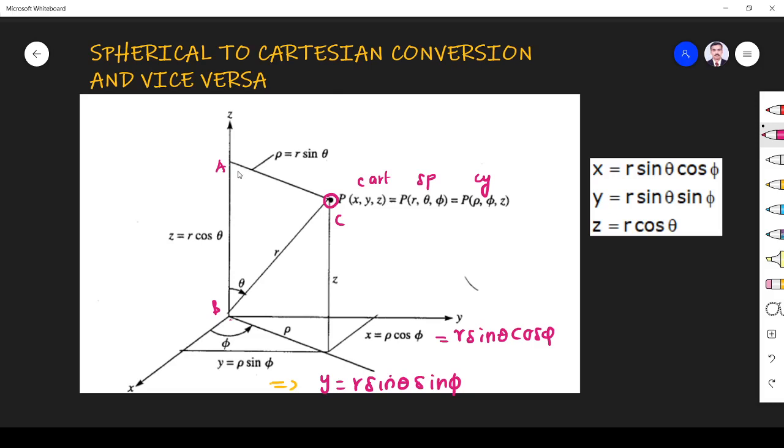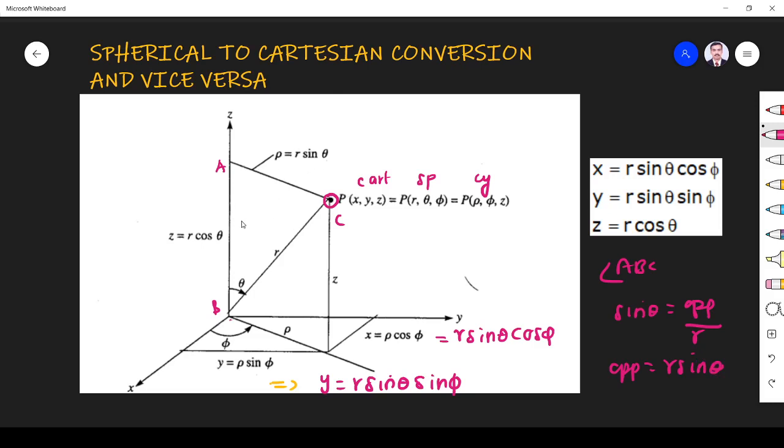So first you find the length of AC. In triangle ABC, what is sine theta? Sine theta is opposite by hypotenuse. Opposite is what I have to find, that is AC. Hypotenuse is r. So opposite is r sine theta. So rho is equal to r sine theta.